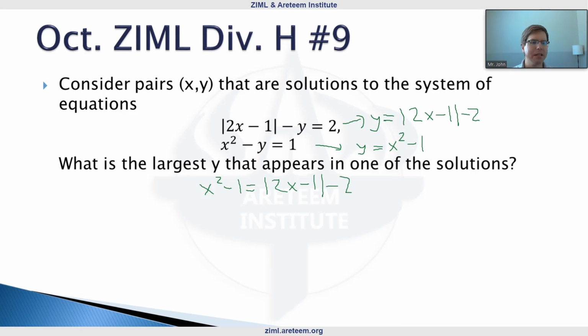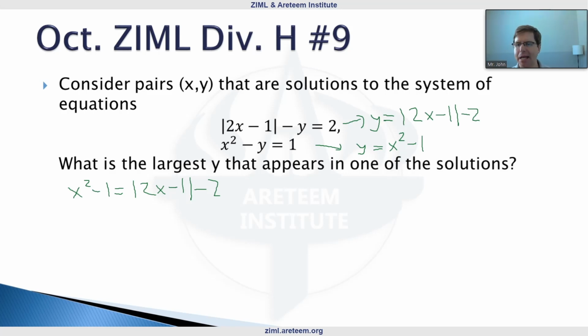So let's clean that up a little bit. Once we have it written in this format, we can add 2 on both sides. This will be a little bit nicer to look at. We can say x squared plus 1 needs to be equal to the absolute value of 2x minus 1.